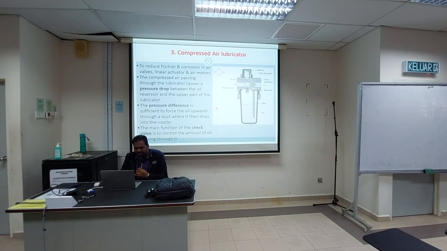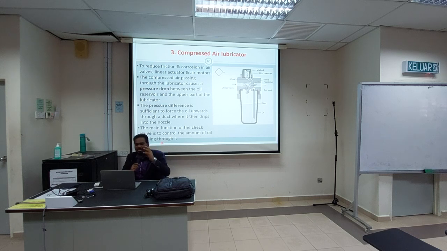Okay, lubricator. So as I said, you need to control the amount of oil passing through the system. So sistem pneumatic, dia ada kelemahan dia. So one of the kelemahan adalah you boleh ada water vapor dalam tu, because it just tangkap udara yang ada kat keliling, kemudian dia compress, dia nak gunakan untuk your application kan.